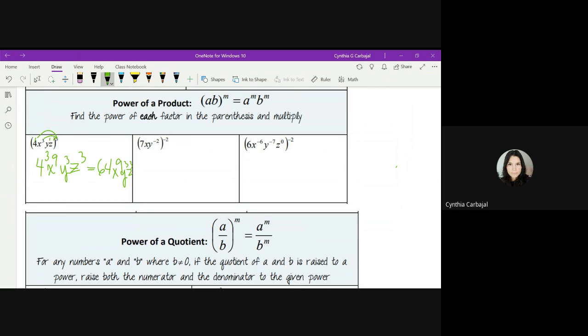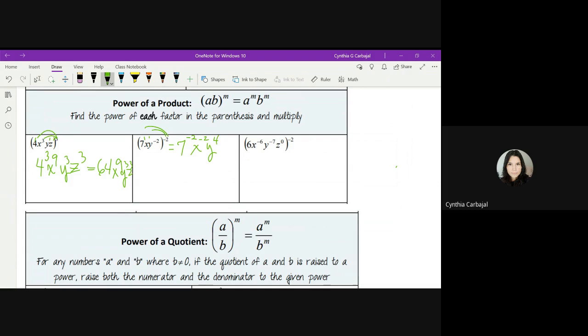Okay? All right. Then we have here, it's going to be 7 raised to the 1, x raised to the 1, and then we distribute that negative 2 inside. So 7 is going to be raised to the negative 2, x is going to be raised to the negative 2, and y is going to be raised to the positive 4.